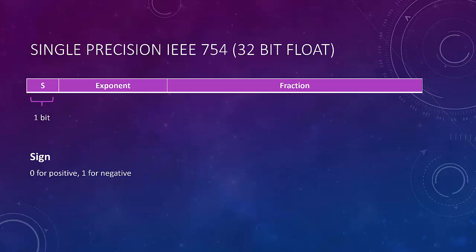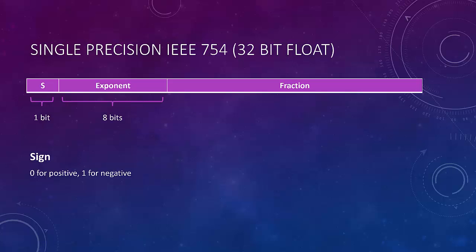When you're looking at that, you might think, hang on a second, positive should be 1 because that's true, but that's not the way it works. In actual fact, this does work the same way as the signing in 2's complement, so at least it's the same as that. But just remember, 0 for positive, 1 for negative.